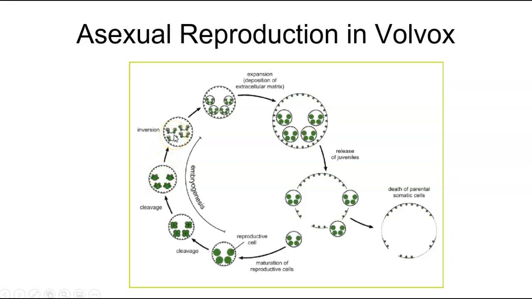And when it has reached a certain number, the flagella of the cells of these daughter colonies will become inverted, so they will start to face outwards, and eventually this parent colony is going to split open and release these daughter colonies. And again, this cycle will just continue.